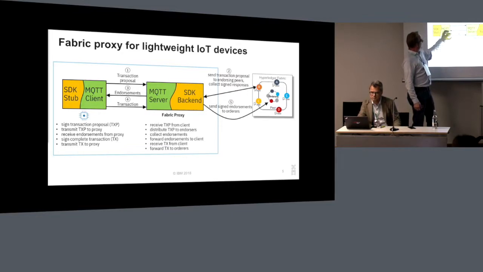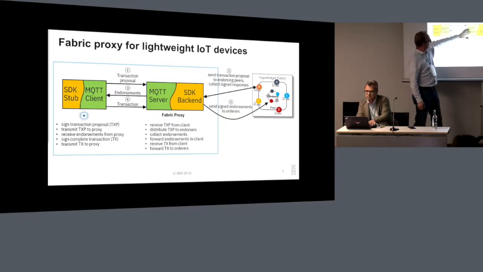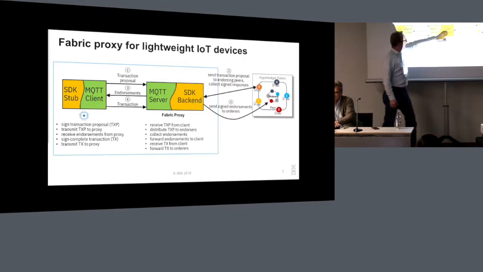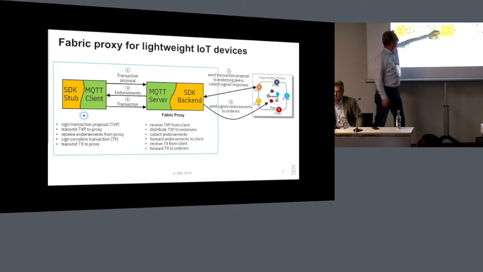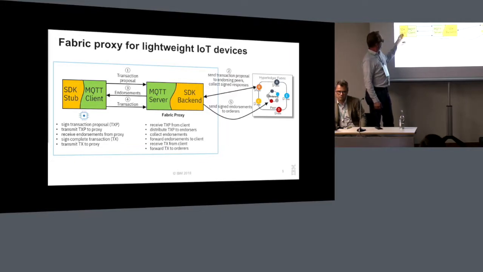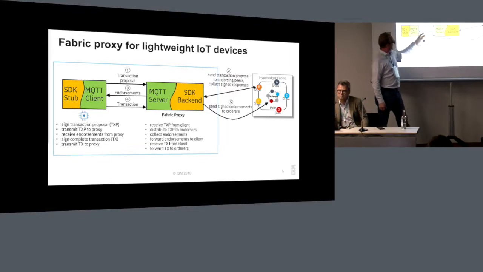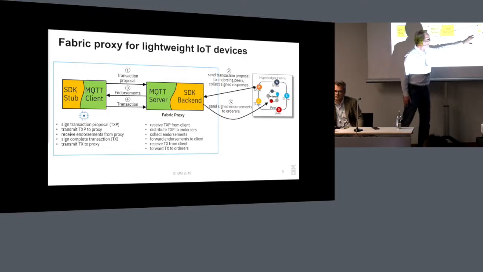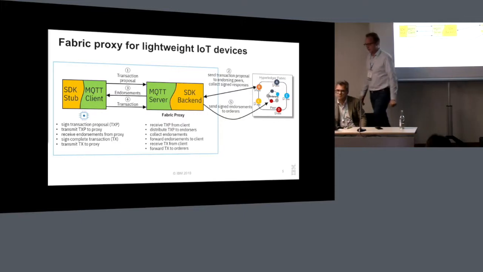So using that protocol, a transaction proposal that's already been signed by the device is being sent to the backend. Passed on to endorsers. Endorsements are collected on the way back, sent back to the device. All the device has to do is sign them and form the final transaction. The final transaction again is being sent to the SDK backend, and that is then fed to the orderers in a network.